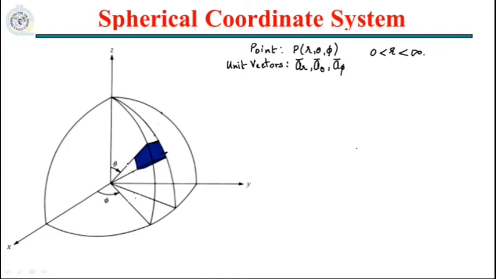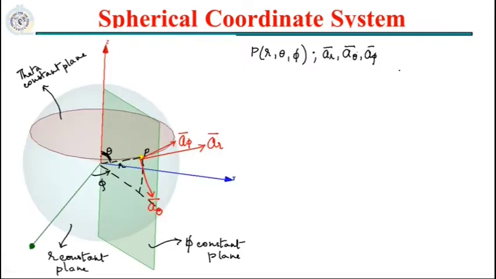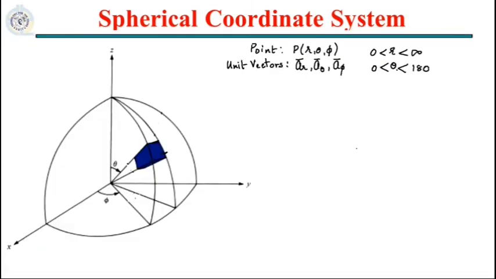What about theta? Theta we said is moving from z to minus z. That is from 0 to a maximum value of 180 degrees.